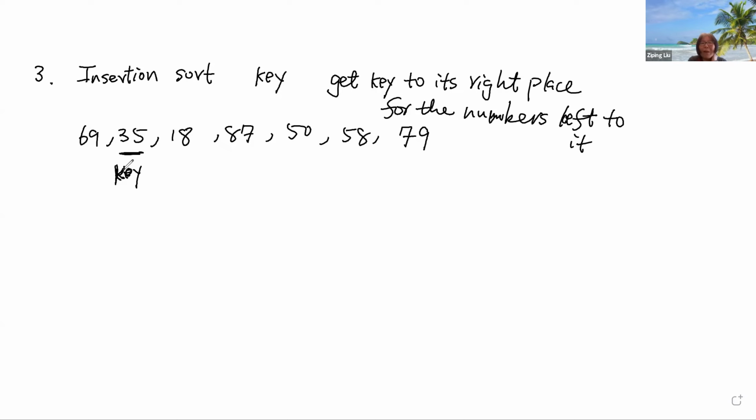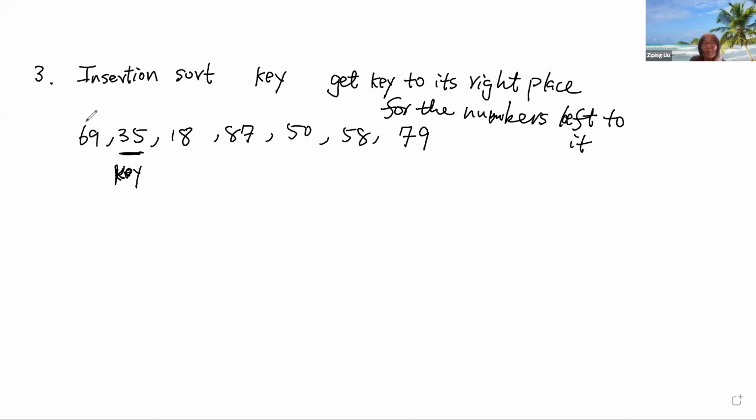So in this case, this is the key, and to the left of it, it only has 69. So 35, in its final location, should be ahead of 69.